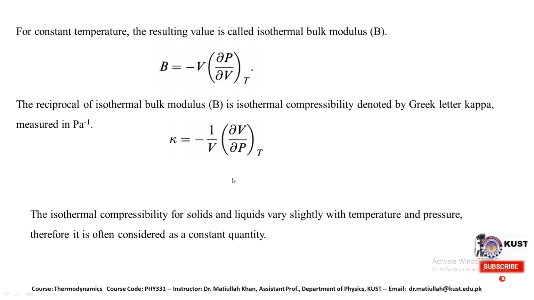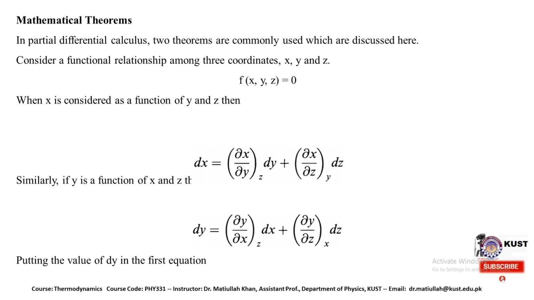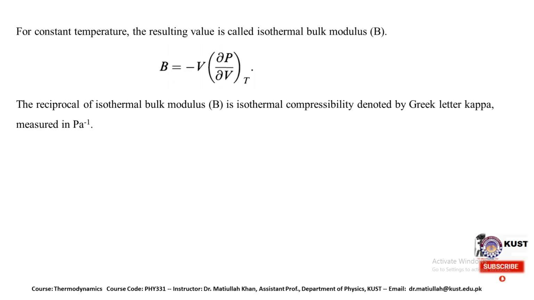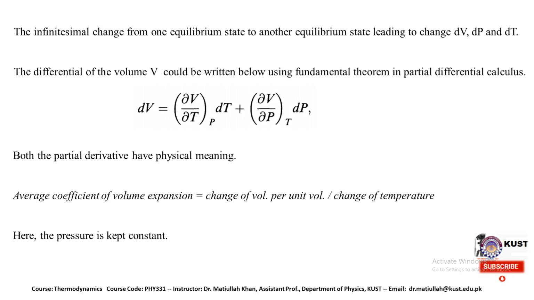The isothermal compressibility varies only slightly with temperature for solids and liquids. So normally for very small changes, it is considered to be a constant quantity. That is the explanation of both parts of this equation.